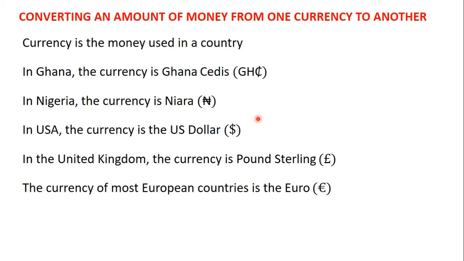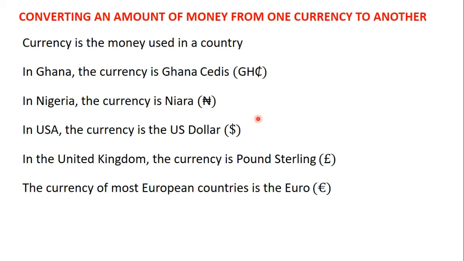When you travel from one country to another, you have to convert the money you have to the currency of the country you have visited before you can buy goods or pay for services. I will repeat that.